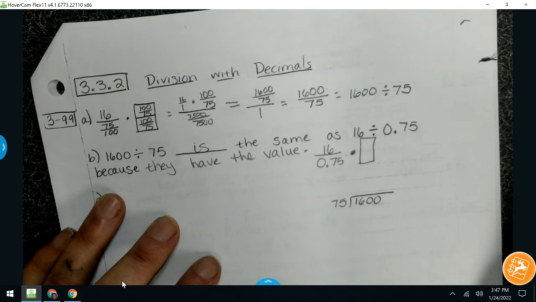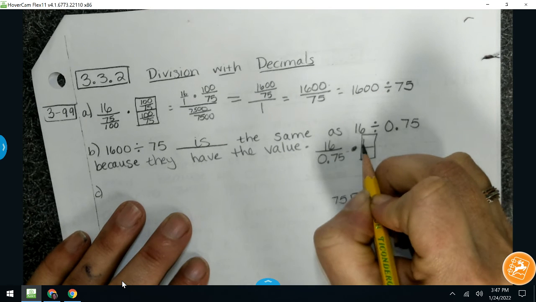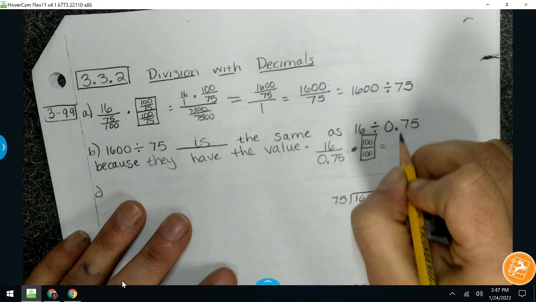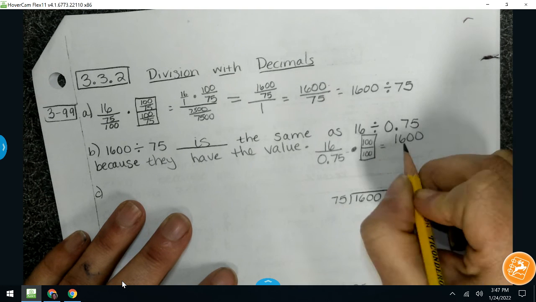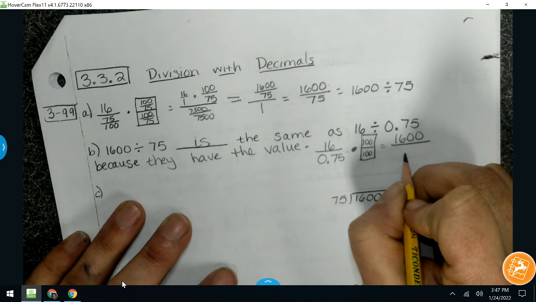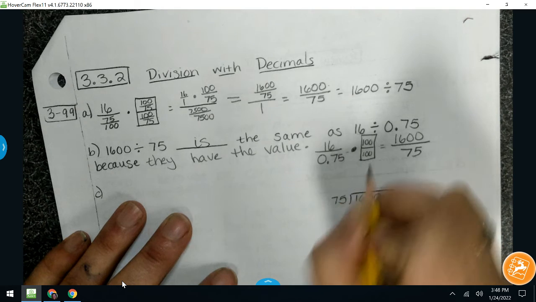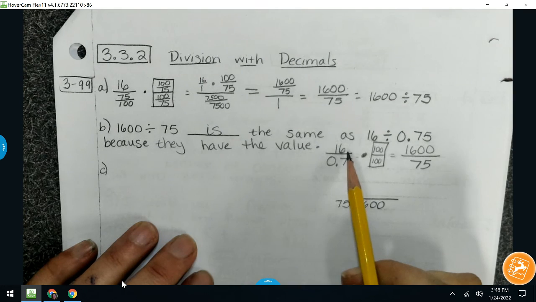It looks like a fraction because a fraction is division. So I'm going to multiply by 100 over 100, just like we did on that card. That gives me 1600, because 16 times 100 is 1600, over 75, because I would move my decimal 2 spots since I have 2 zeros there.